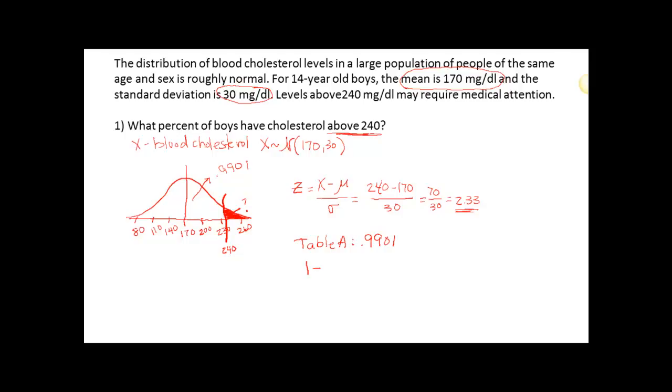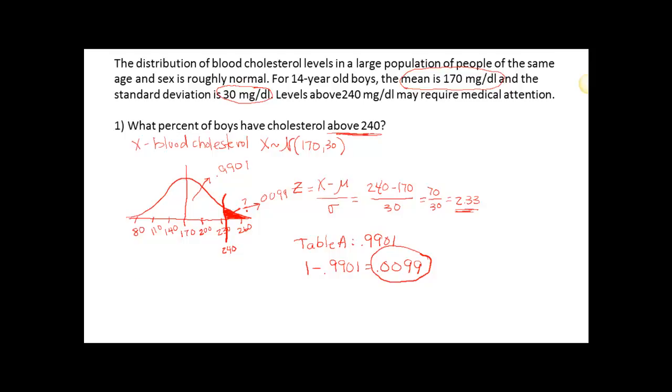So if I take 1 minus 0.9901, that's 0.0099, and that is this area that I'm looking for. Right there, and that's the answer to our question. So since this is a word problem, word problems have word answers, as you recall from your algebra days, I always am going to write a sentence stating the conclusion.